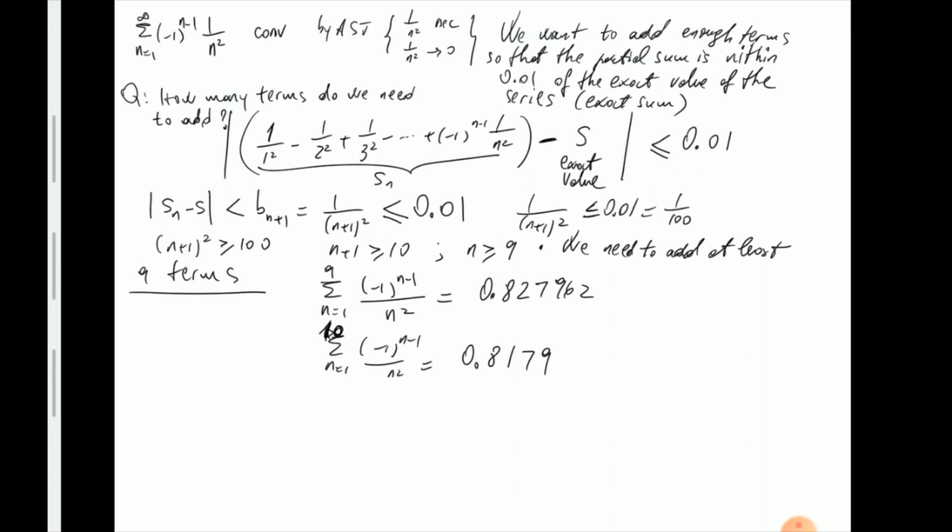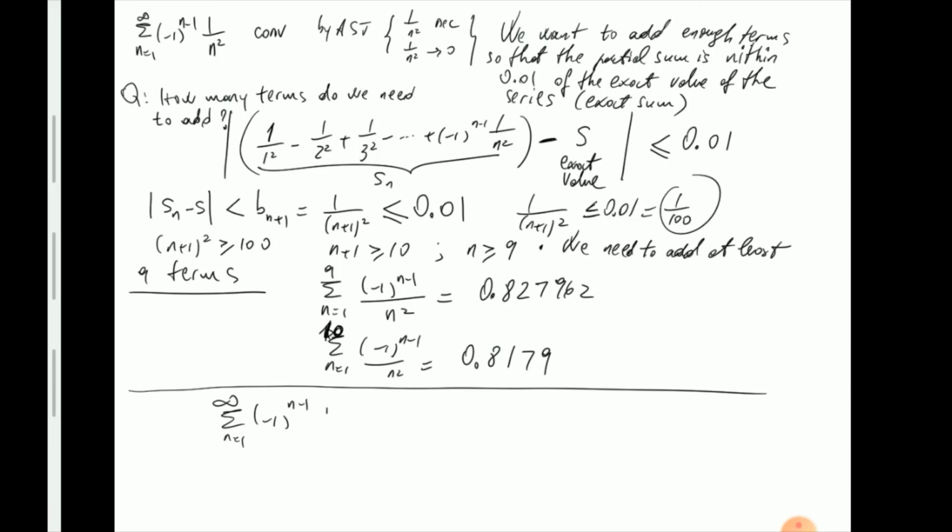And again, this will be basically hovering around the exact limit, because remember, this is an alternating series. You keep on adding and subtracting something. So your approximation will be either above or below the exact limit, but very close to it, within this margin of error. If you plug in, let's say, Wolfram Alpha, the full series from 1 to infinity of minus 1 to the n minus 1 over n squared, you will get 0.82247.